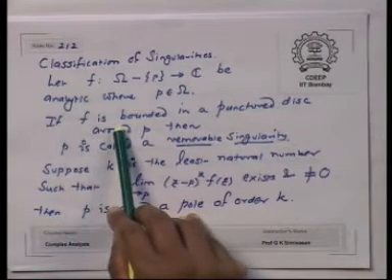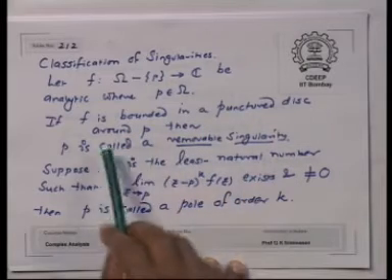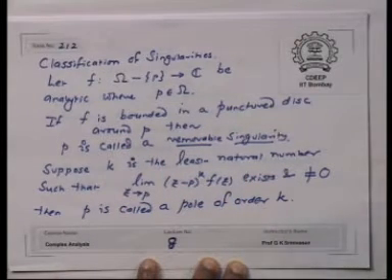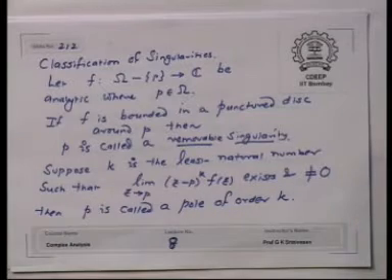what is given to you, that f is bounded in a punctured disk around p. In that disk, the function is bounded. So, now forget about omega, just focus on the disk. So, now you are given a disk, and in the punctured disk, the function is analytic and bounded. What do you conclude from here? You apply Riemann's removable singularities theorem.